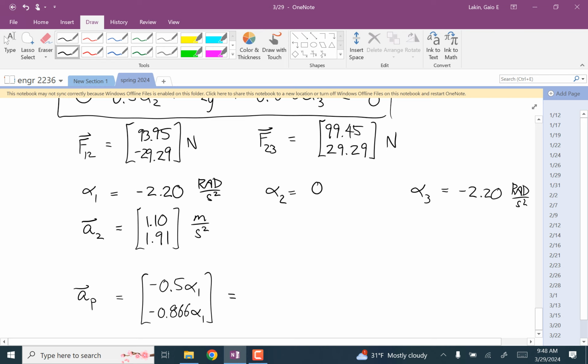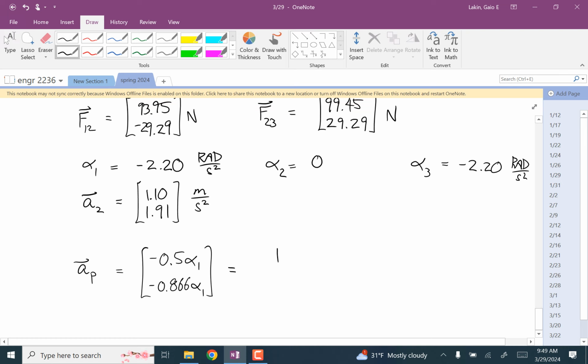And now we can plug in that alpha 1, and we get positive 1.1 and positive 1.91. That's the same as the acceleration of 2, which kind of makes sense because it's not rotating.